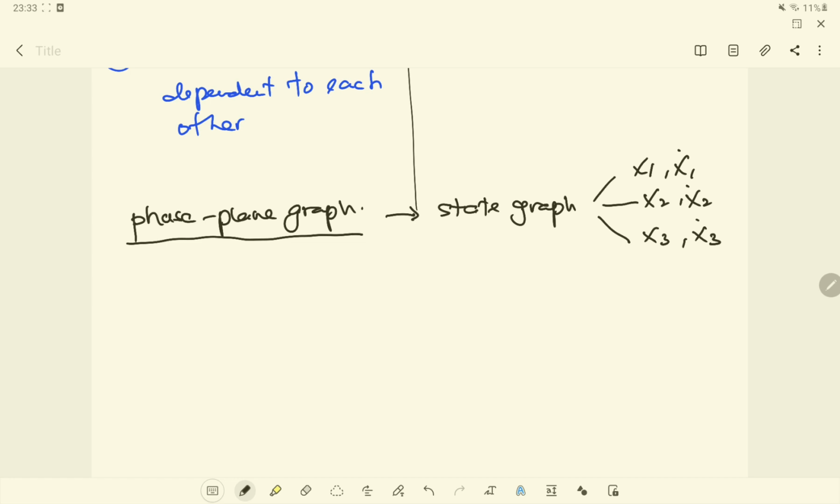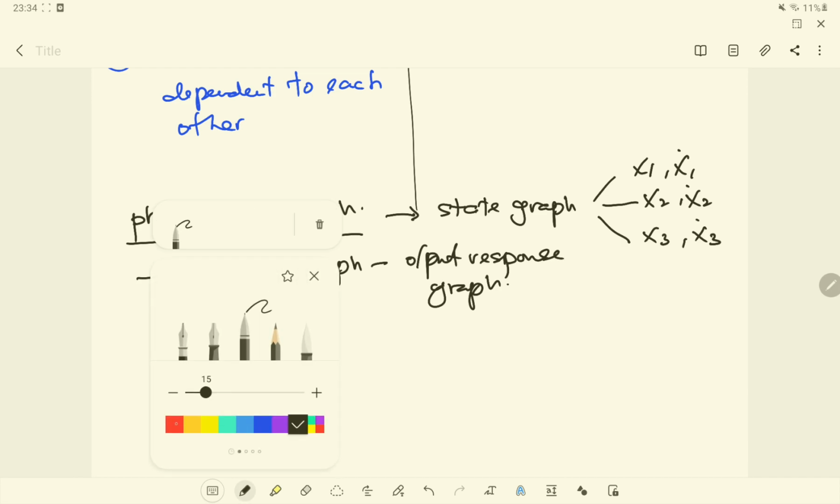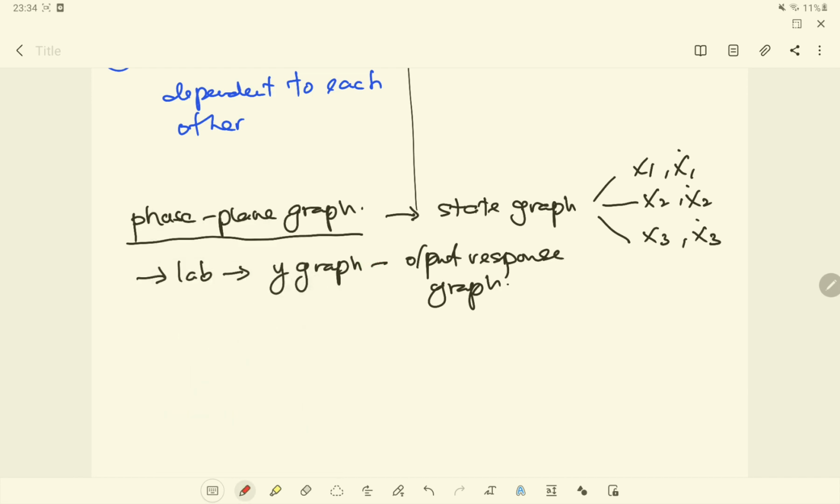In the lab, you refer to the Y graph or output response graph.